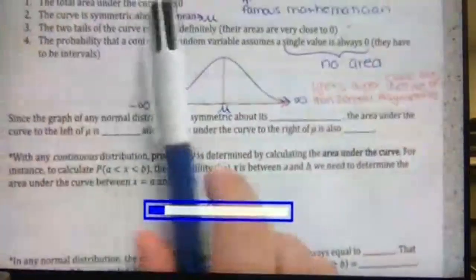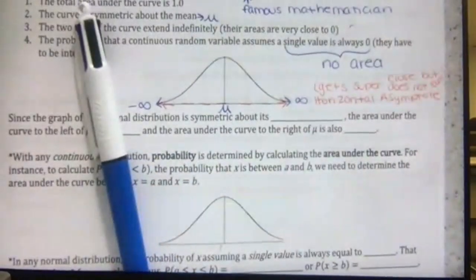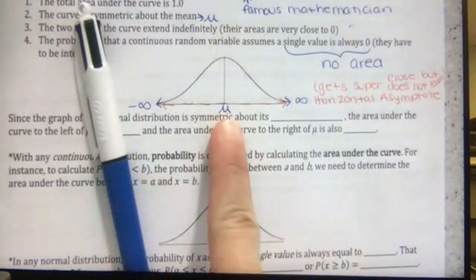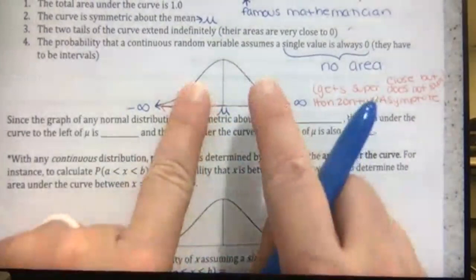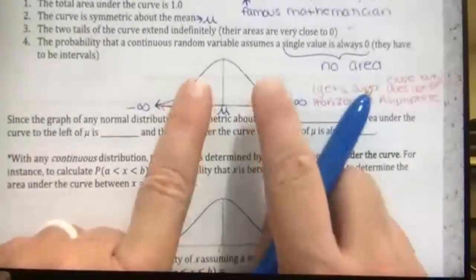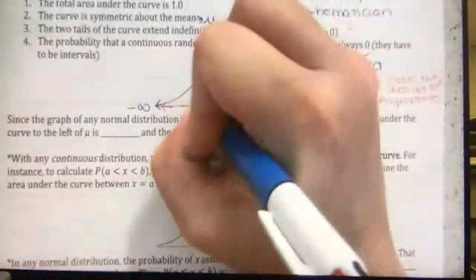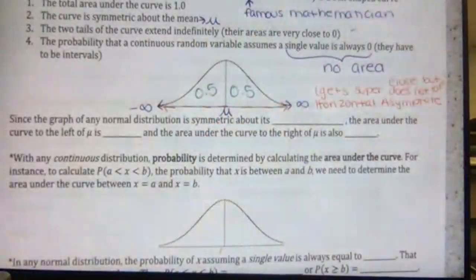One more thing I want to mention is we said the total area under the curve is 1, the whole thing is 1, and we know that in the middle is our mean. So it's the same thing on the left side of the mean as on the right side of the mean. If the whole thing's 1, that means this is 0.5, and this is 0.5.